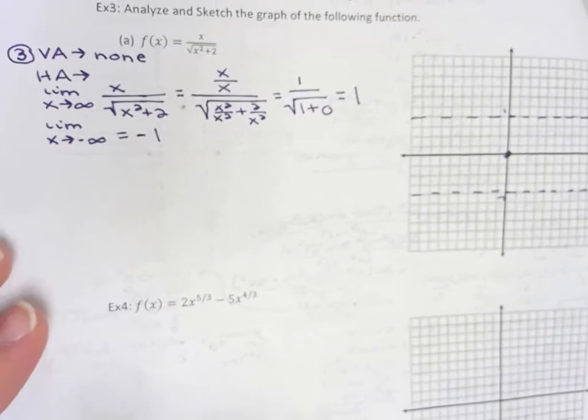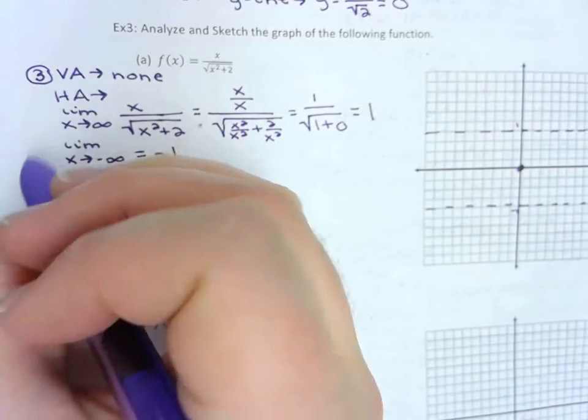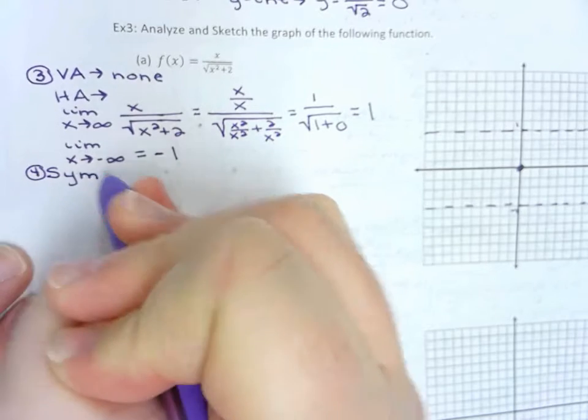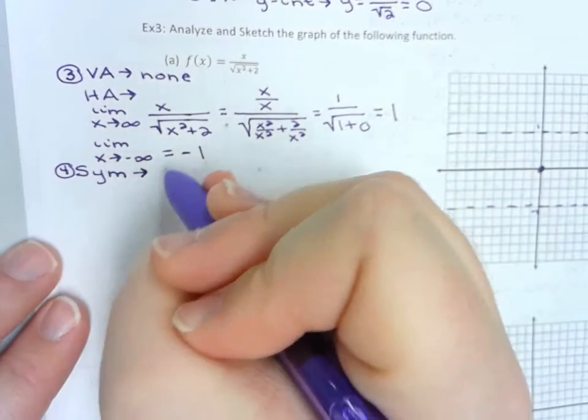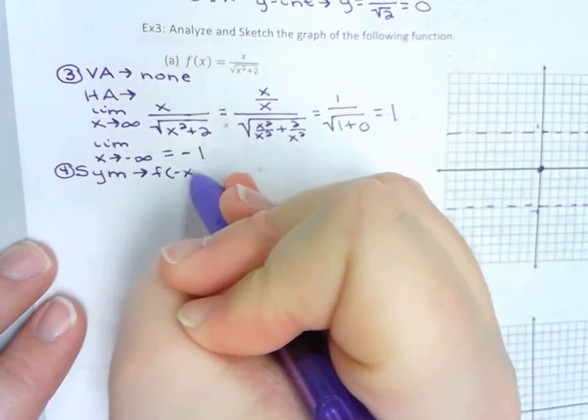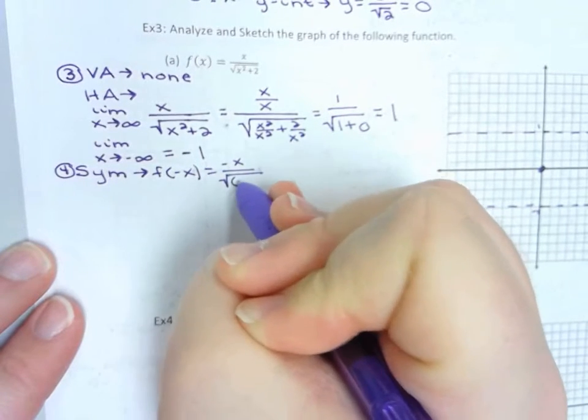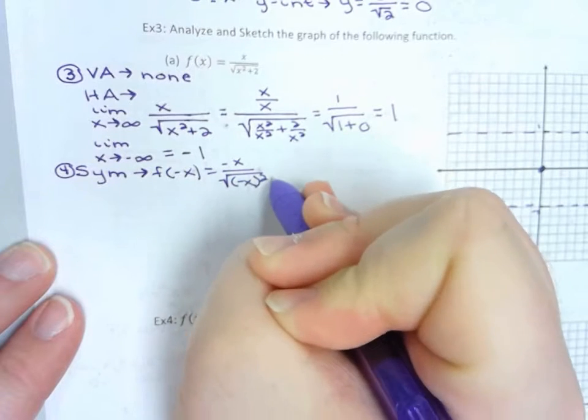Okay, fourth thing is I check for symmetry. So plug in a negative x and kind of analyze that. So negative x over square root of negative x squared plus 2.